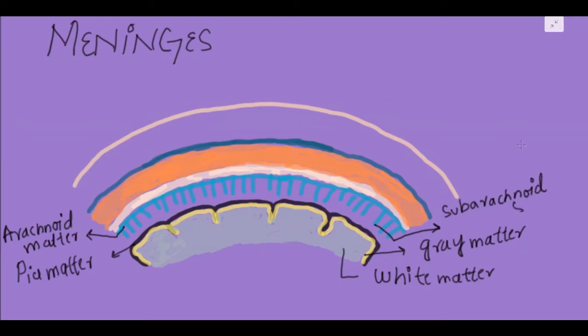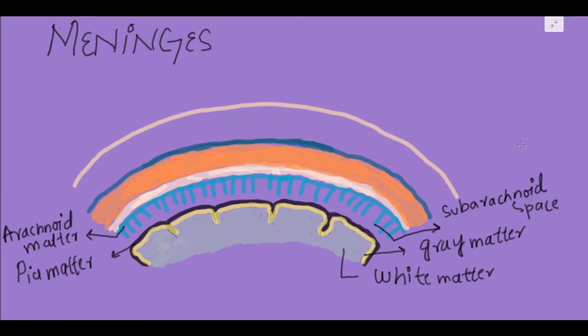Subarachnoid space. And this arachnoid layer in blue has connective tissue projections which are known as trabeculae.